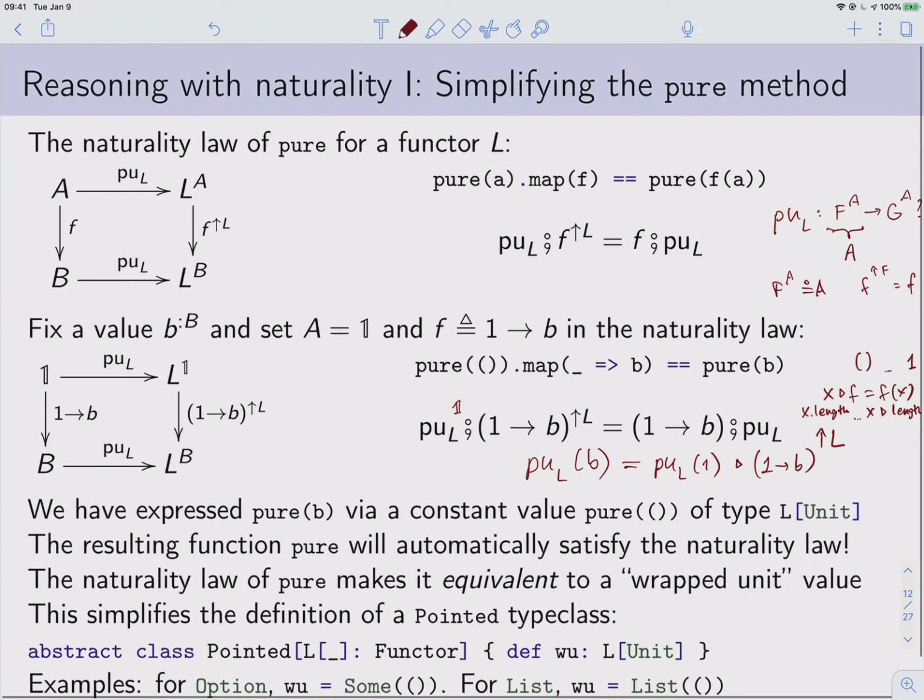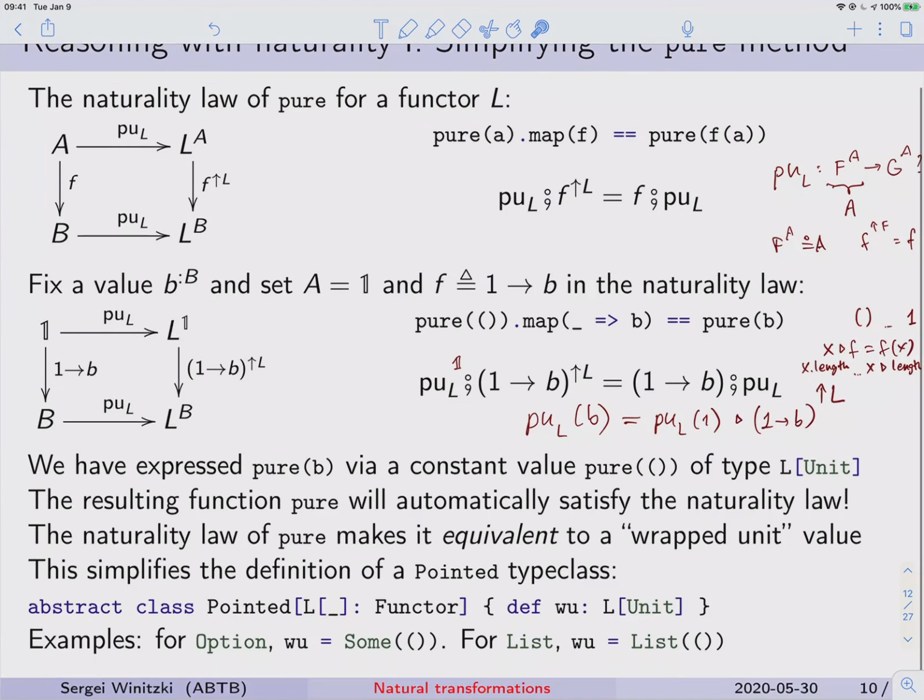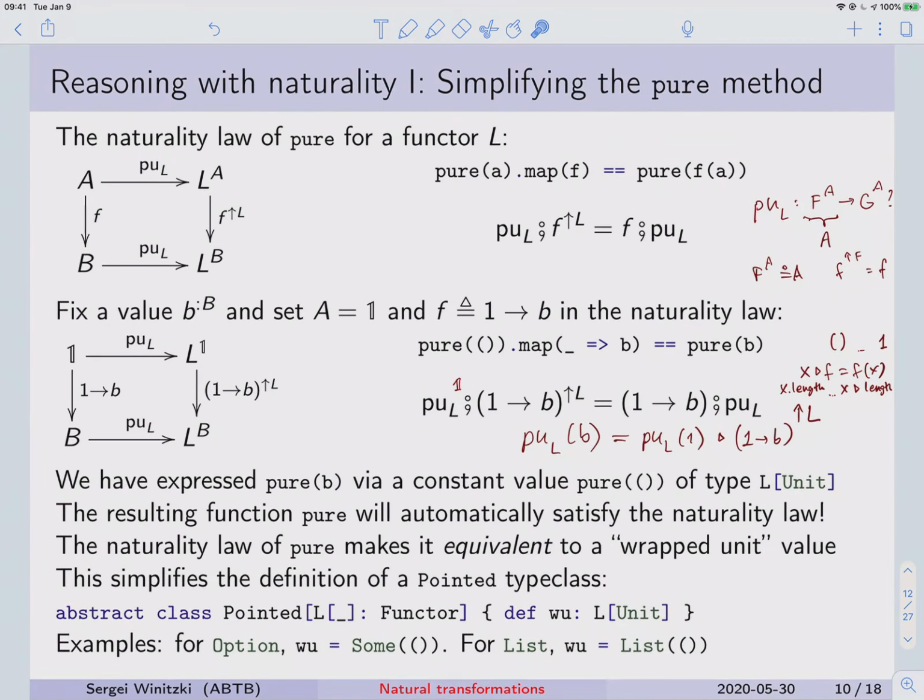So let me then continue. We have expressed the function pure for an arbitrary value b of arbitrary type b through a fixed value, which is the pure of the unit. And then this is a code which lifts something, but this is always the same.